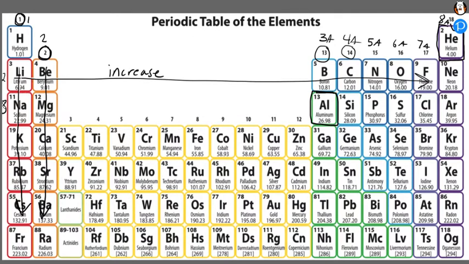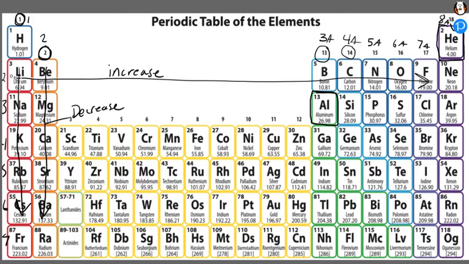And think about it, it's because as you get to the 4th and 5th and 6th and 7th period here, each time you go up a period, remember, those electrons are getting further and further away from the nucleus. And so things like rubidium and cesium and francium, their electrons are so far away from the nucleus that it's very easy to just pull those valence electrons away from them. So the ionization energy going down a group will decrease.